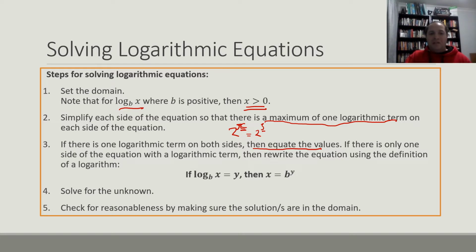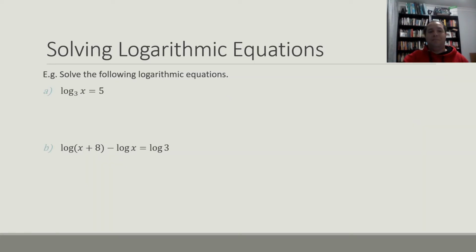If there's only one side of the equation with a logarithmic term, then we can rewrite the equation using our logarithmic definition. That is, if log base b of x equals y, then x equals b to the power of y. Once we've done that, we can solve for our unknown. Our final step is always to check for reasonableness by making sure our solution or solutions are in our domain. So being able to get that domain set up early is a very important step.